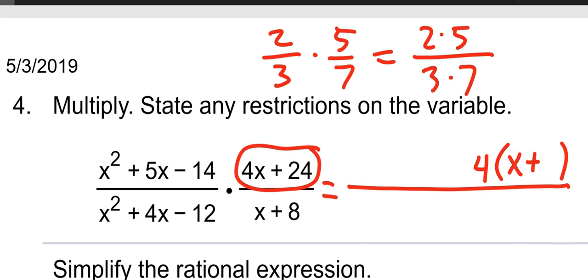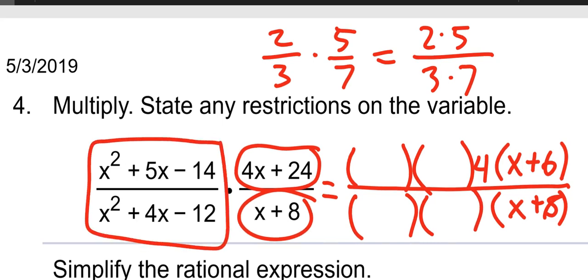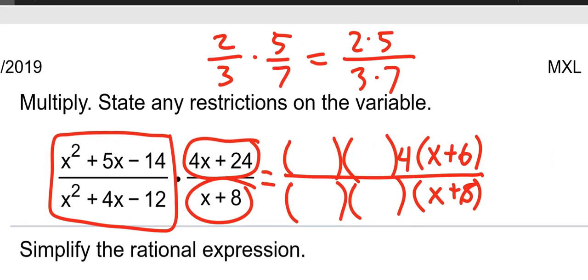X plus 6. Now, this one on the bottom, x plus 8, we can't do anything with that, so it's going to automatically be one of the factors. Now, the remaining part is what I want you to focus your attention on. Factoring these other two parts right here. So, see if you can get it all factored so we can look at it and see what happens.